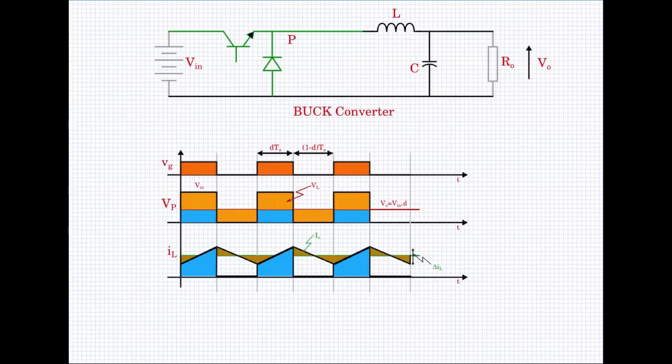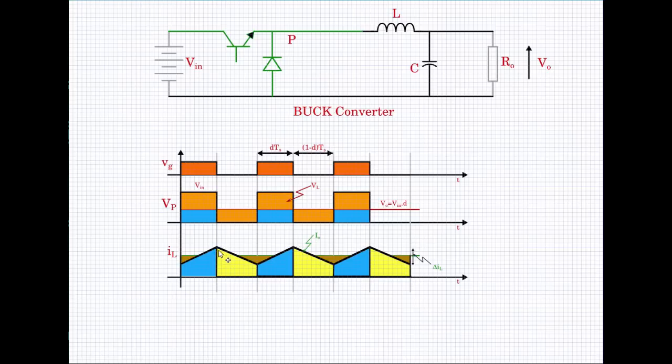And for the diode, it will appear like this. During this time, whenever the switch is off, the diode is freewheeling, and during this time there will be current flowing through the diode, and it is the same inductor current which has split into it.